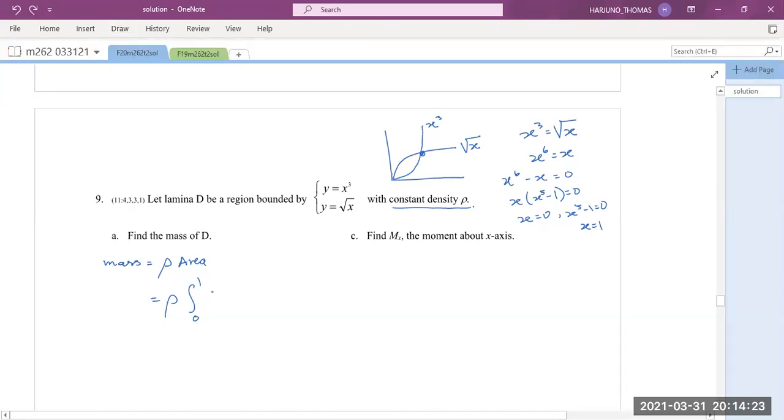Now the area will be, what is the function on the top? The function on the top is square root of x minus the function at the bottom in that region, which is x cubed, dx. Integral from 0 to 1, x to the power of 1/2 minus x cubed dx.